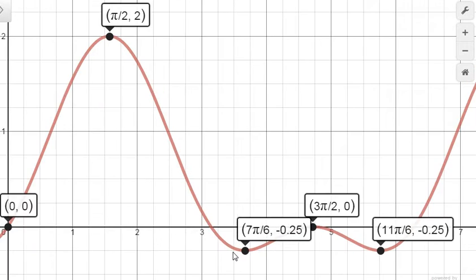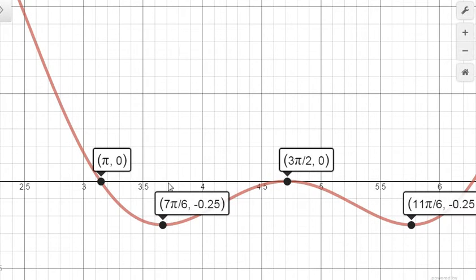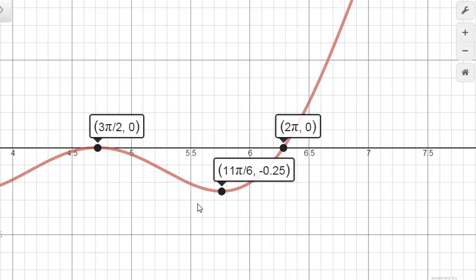Let me see if I can make that a little bit easier to see. There we go. So from 7 pi over 6 to 3 pi over 2, it's increasing, then decreasing from 3 pi over 2 to 11 pi over 6, and finally from 11 pi over 6 to past 2 pi, but generally we're going to look at from 0 to 2 pi, it's increasing again. So beautiful. There's problem 16.